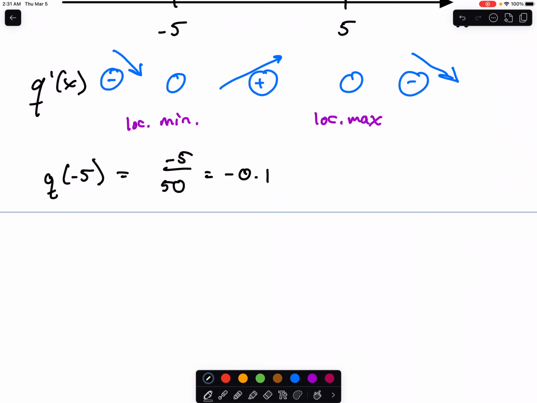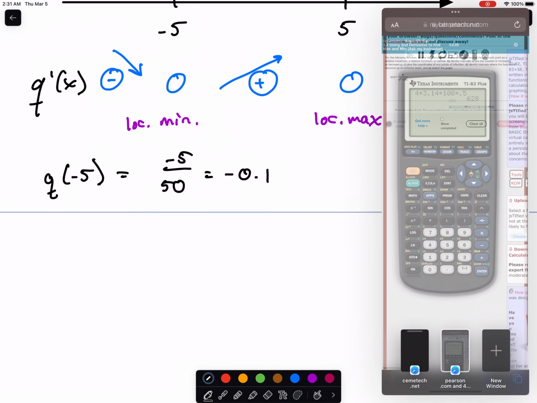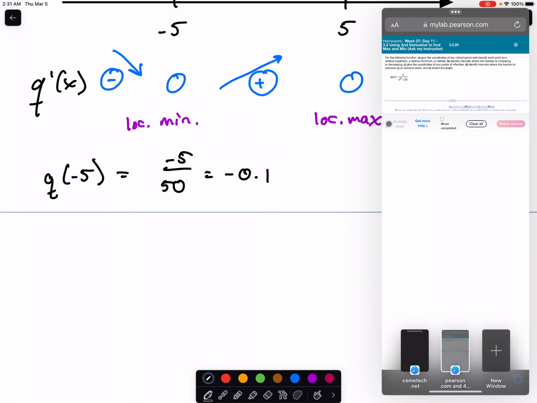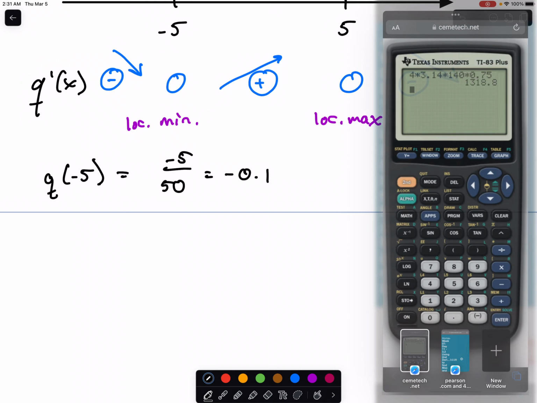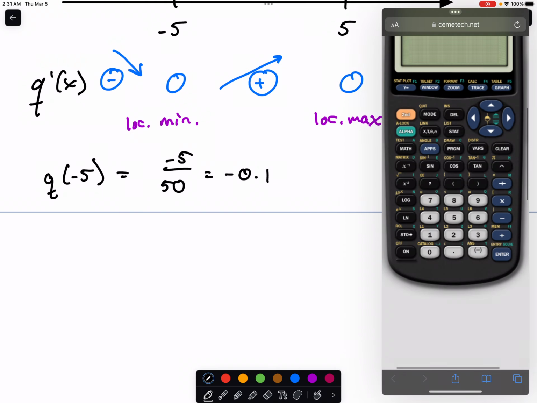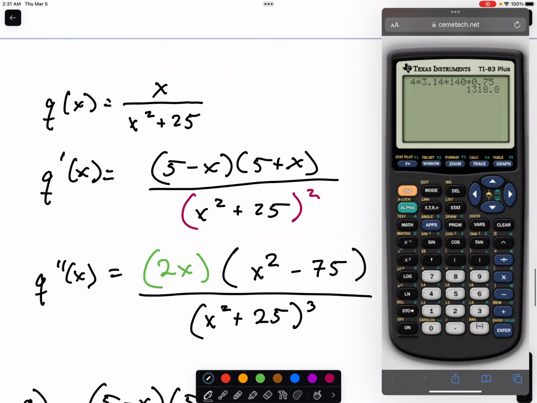Let me check something real quick. Let's go to my y equals. We're going to say x divided by x² plus 25.